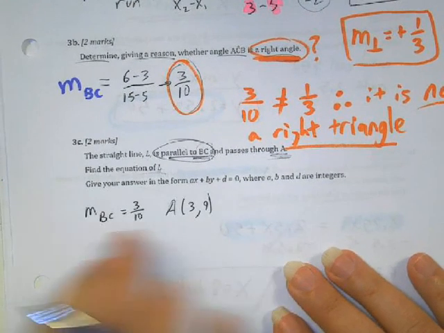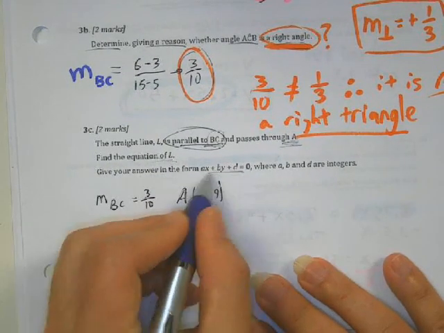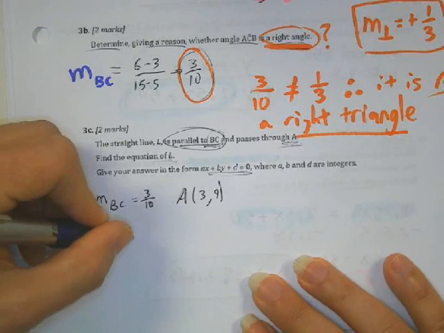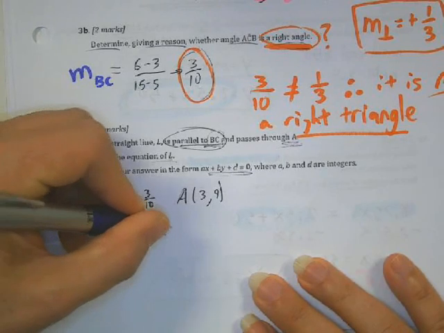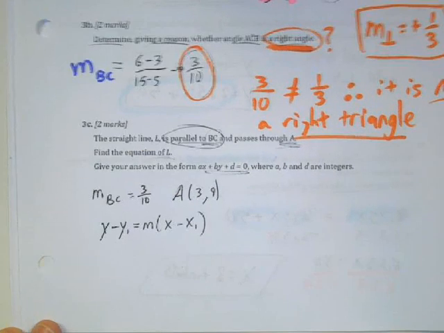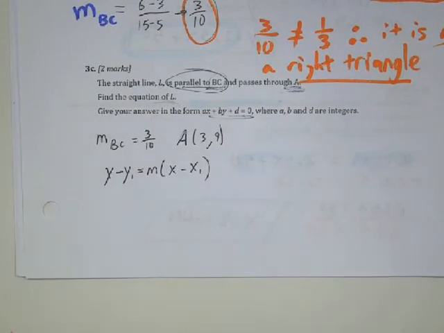So in order to get it in this form, I like to use point slope form. And you may be familiar with this. We used this quite a bit last semester, and it's also in your formula packet.